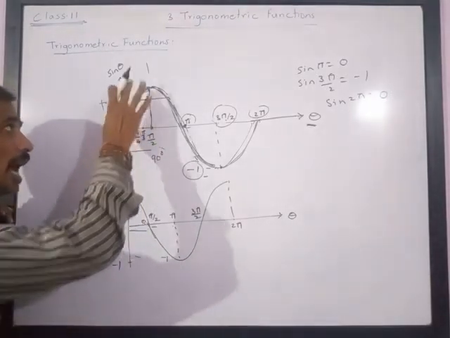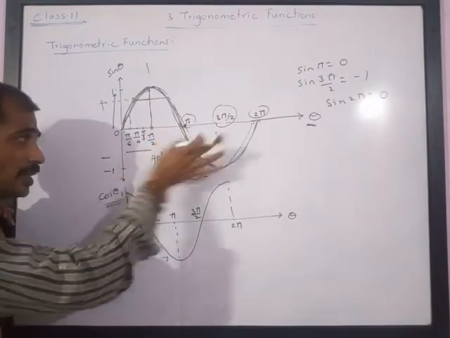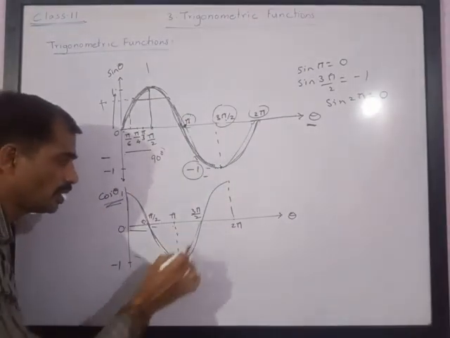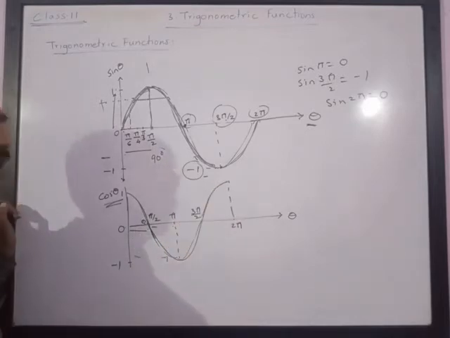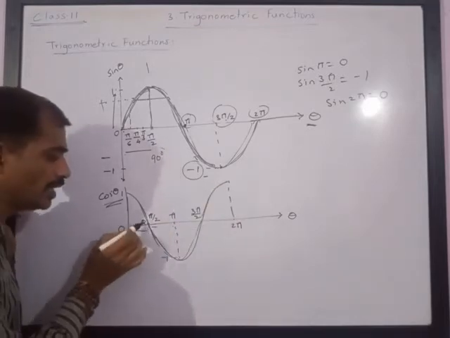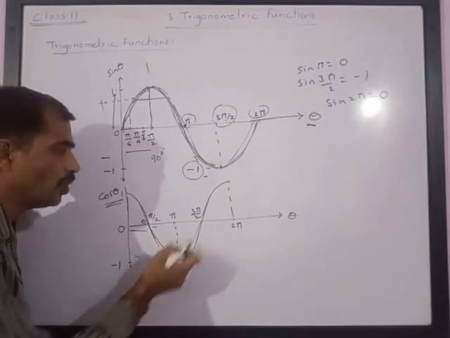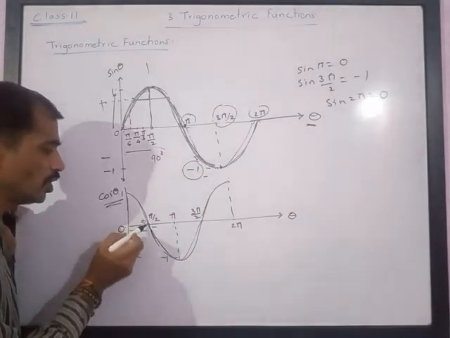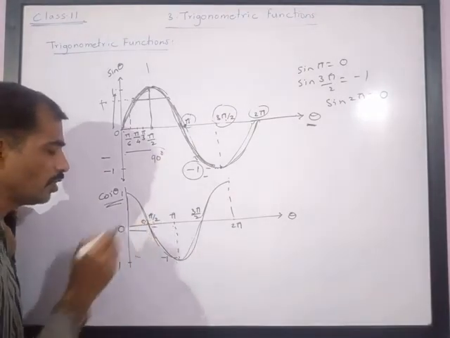Please again note, this is symmetric, this is symmetric, they are exactly the same curve. So this curve, this curve, this curve and this curve are exactly the same, only some increase from 0 to negative 1, negative 1 to 0 and 0 to positive 1. This is decreasing from 1 to 0 when the angle increases from 0 to pi by 2.